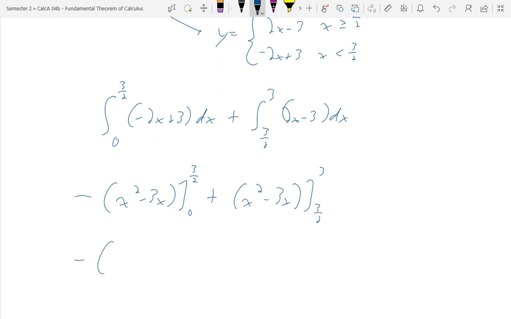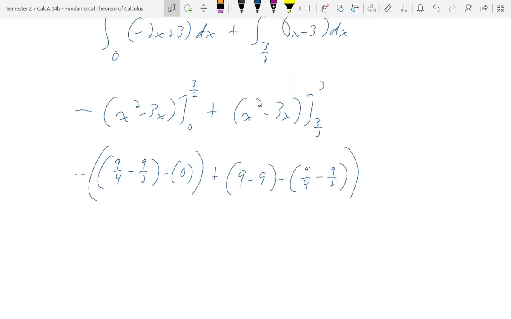So you get negative. Watch the negative outside. I'm going to do a larger parentheses. 9/4 minus 9/2 minus, this is just going to be 0 minus 0, plus, then you have 9 minus 9, then minus 9/4 minus 9/2.